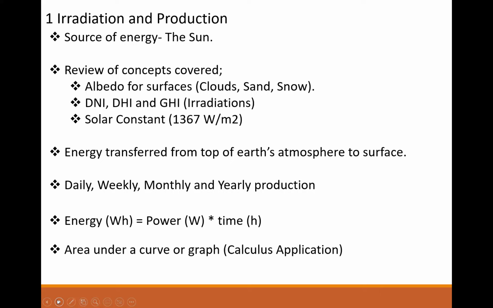We also introduced the solar constant, which is a value of 1,367 watts per meter square, received at the top of the Earth's atmosphere. So the energy is actually transferred to the Earth's surfaces daily, weekly, monthly, or yearly.